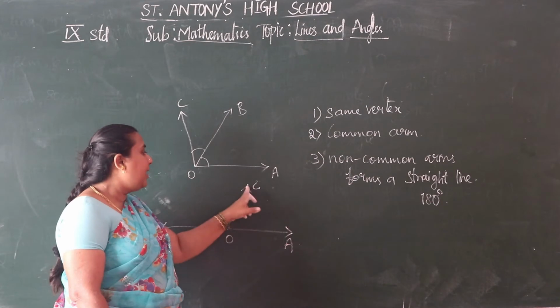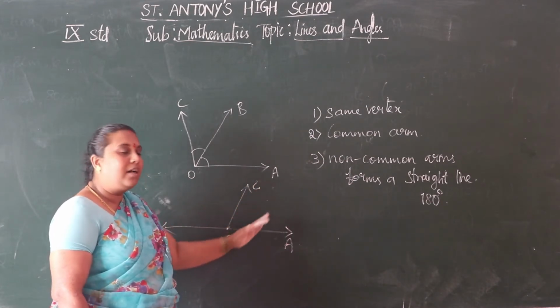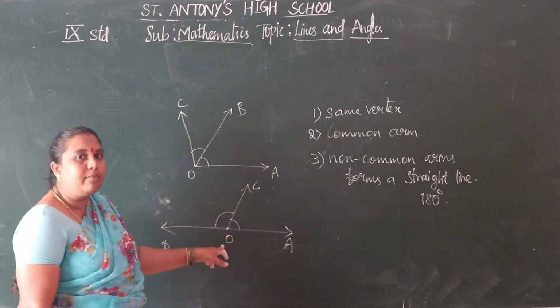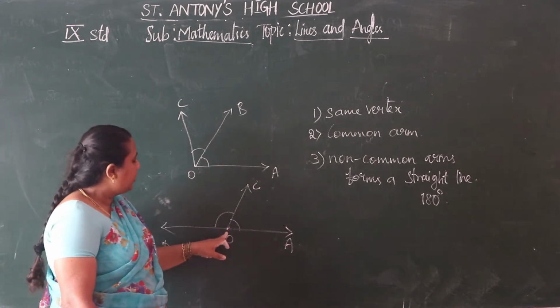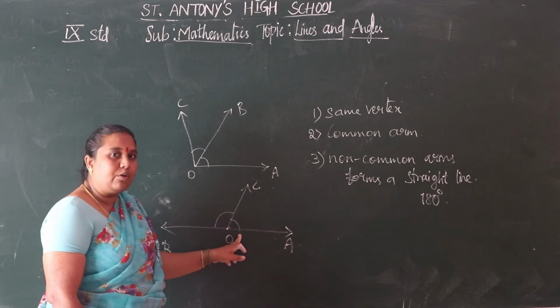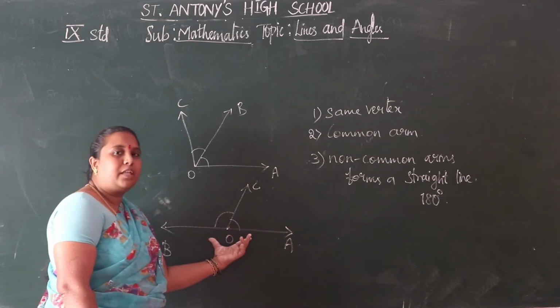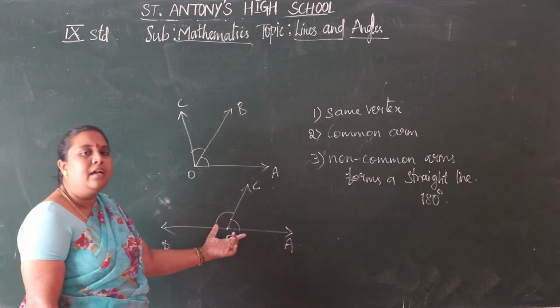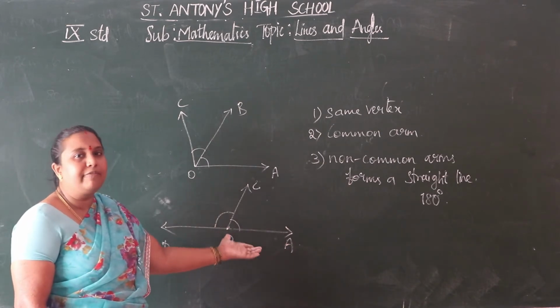So OC is the common arm for these two angles. Angle AOC and angle BOC have common arm OC and common vertex O, and the non-common arms of these two angles form 180 degrees. So we can say this is a linear pair of angles.